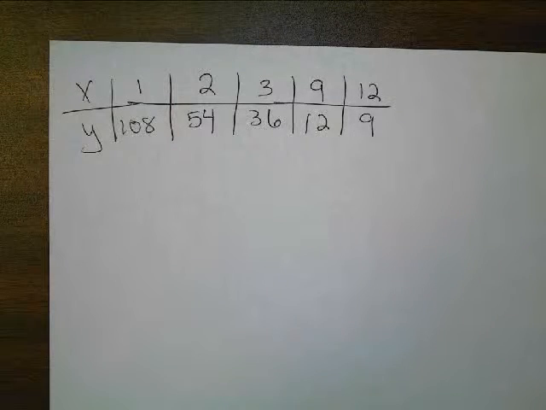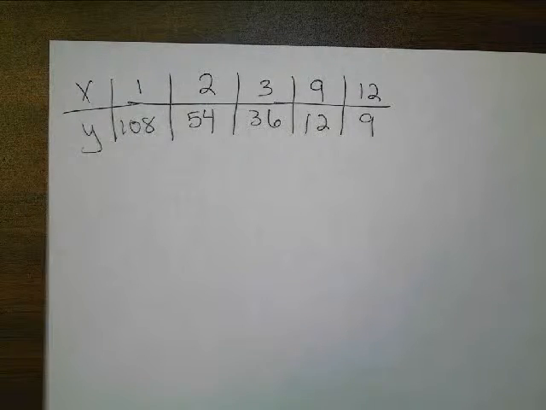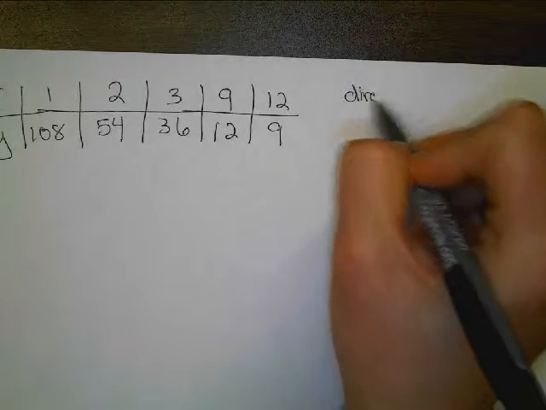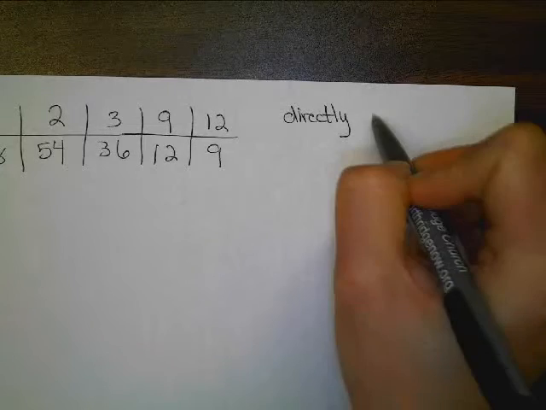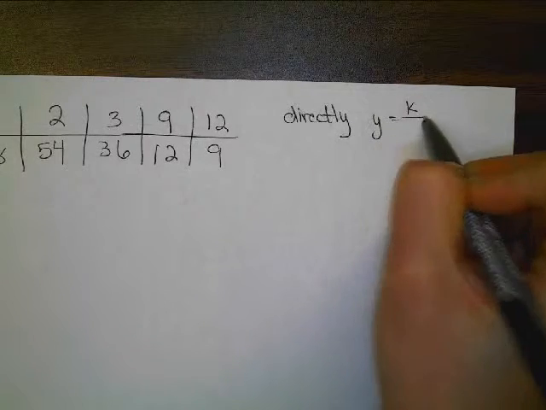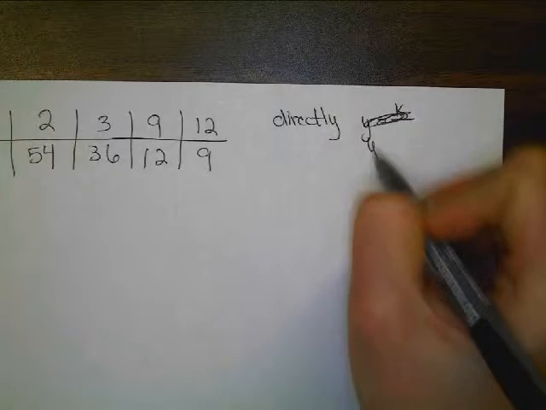So my table looks like this. Now, when we look at this table, we need to determine if it varies directly or inversely. Now, if it varies directly, then we know that we have this formula, y equals kx.